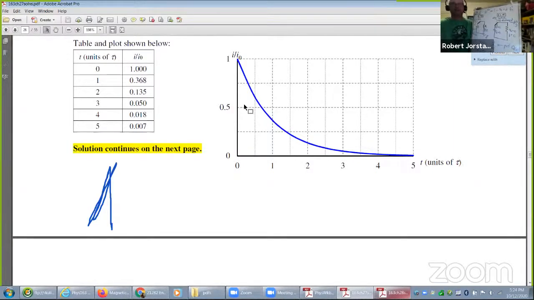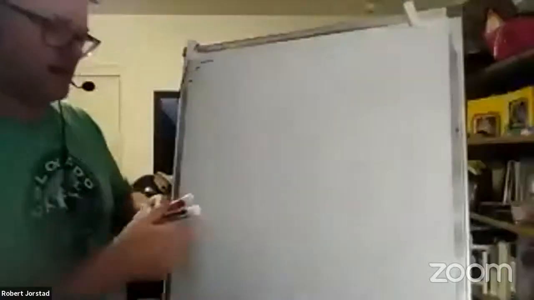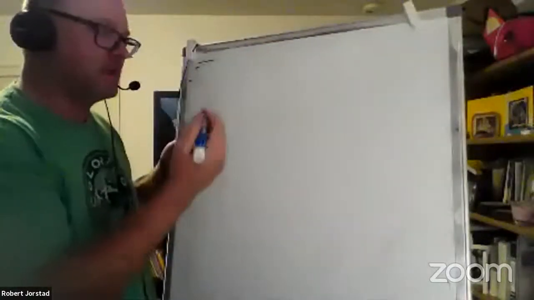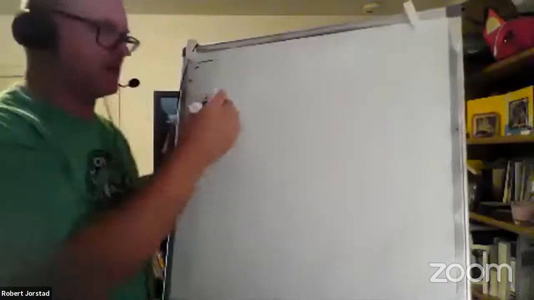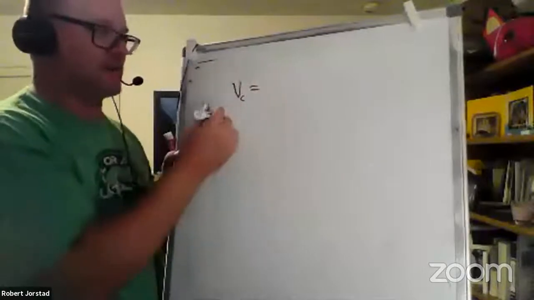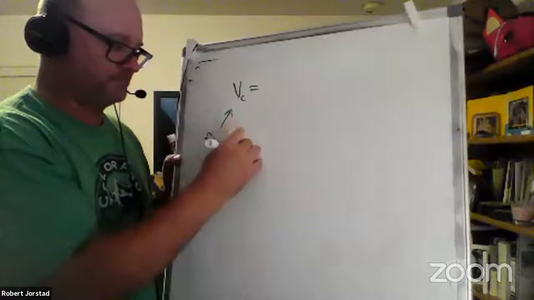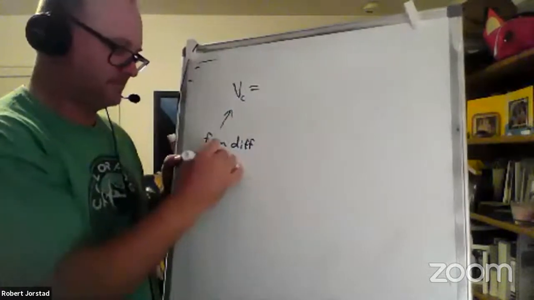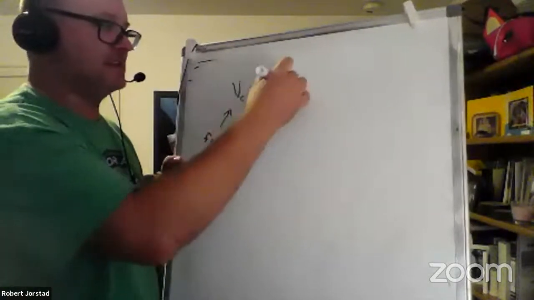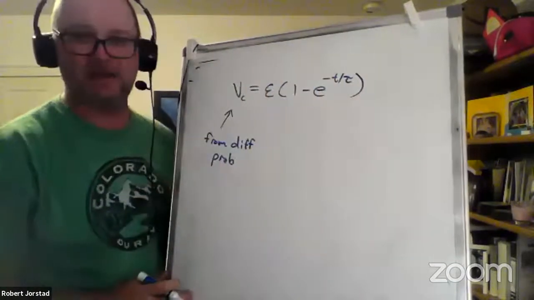The idea here is, what if we get some function like this? It's totally plausible to expect the voltage across a different capacitor, say from a different problem, would be E times 1 minus e to the negative t over tau, right?